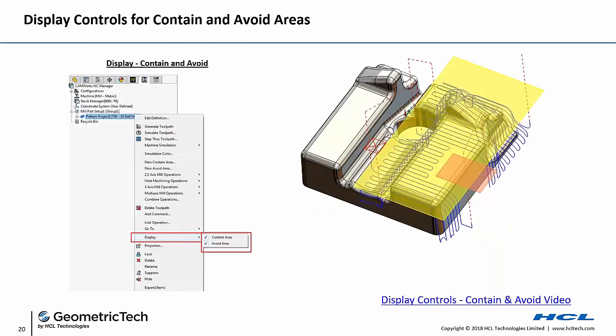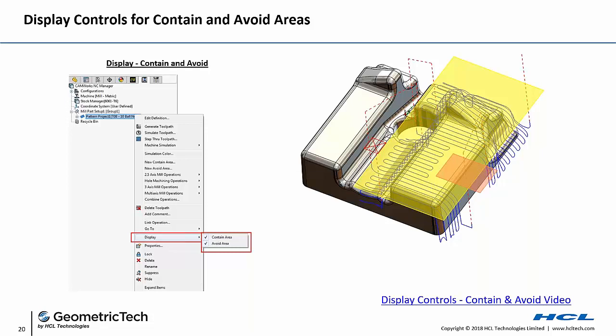Another one of those is the display controls for contain and avoid areas. So we've added the ability to display the contain and avoid areas for 3-axis milling when you select the operation. We could do this before. If you selected the contain or avoid, it would display it, but you had to go underneath that operation and select the contain or avoid in order to see it.